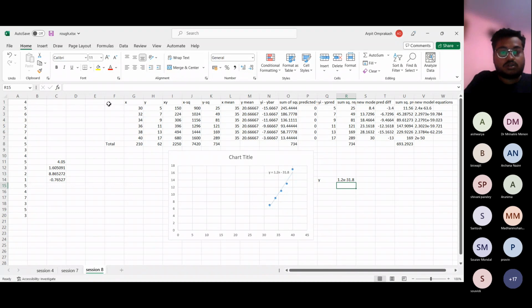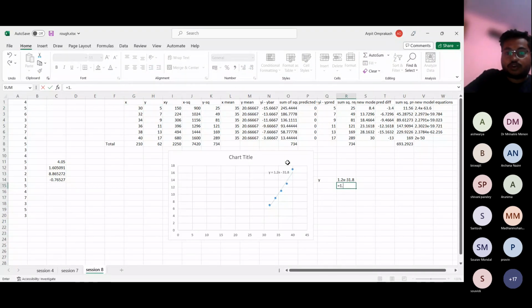So for the first point, instead of x, you put 30, so it will be 1.2 into 30 minus 31.8.